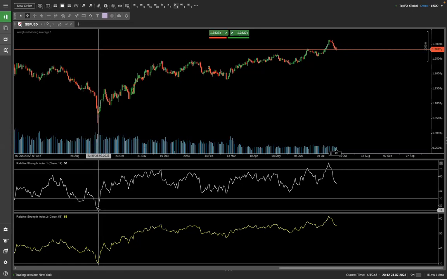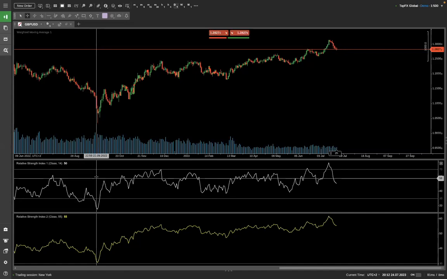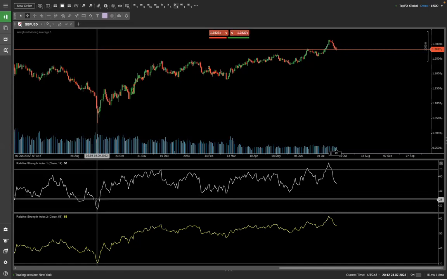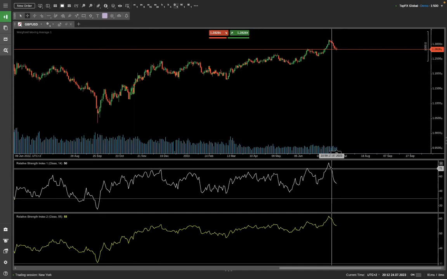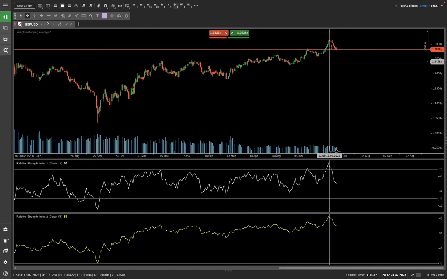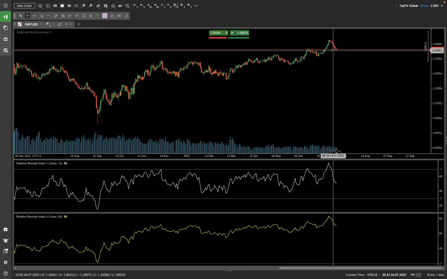These are the RSI traders that base their strategy on the RSI 30 and 70 levels, overbought or oversold levels. And if a trader is selling as the RSI crosses below, for example, 70, the market has been going up enough to be overbought, and the trader is, of course, initiating their sell position.